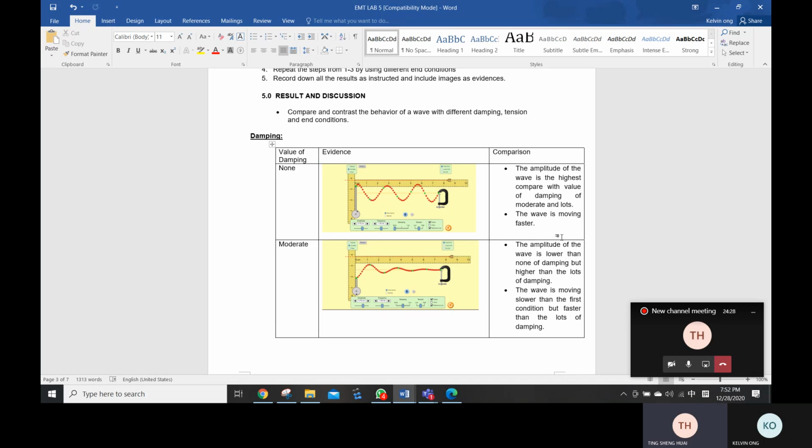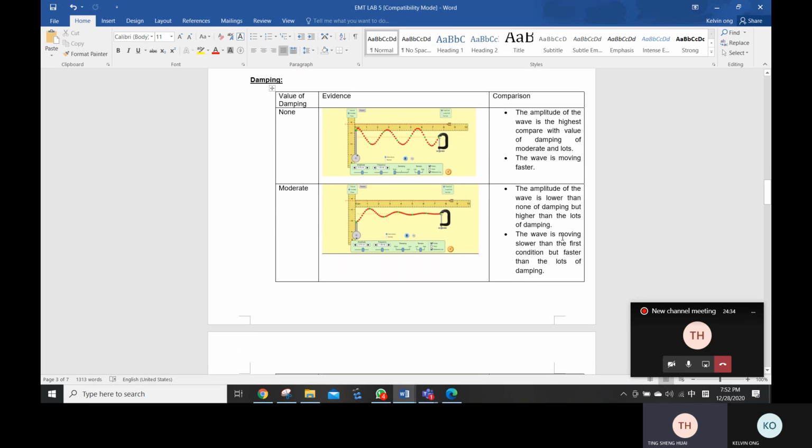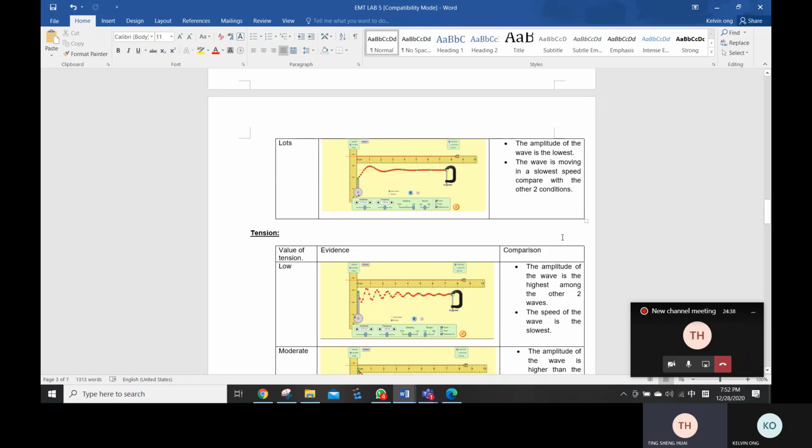And for the next slide, the last one, the amplitude is the lowest compared to the other two, and the wave is moving slowest compared with the other two conditions.